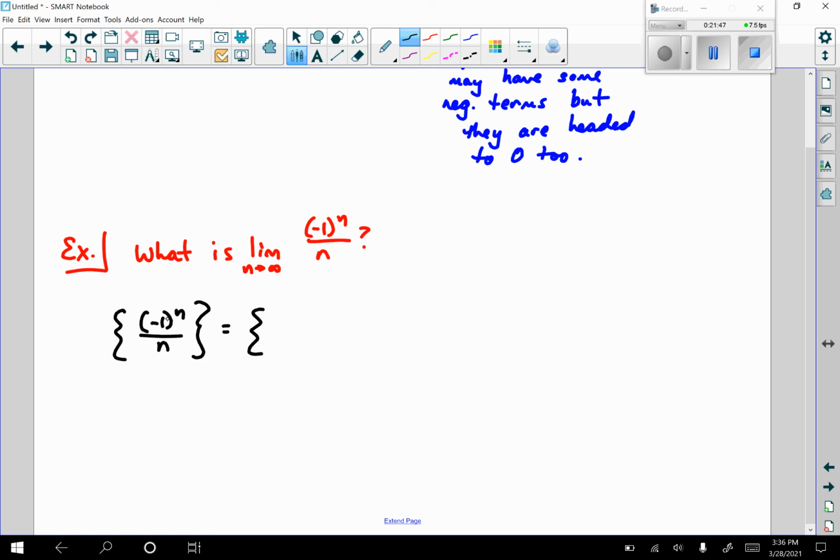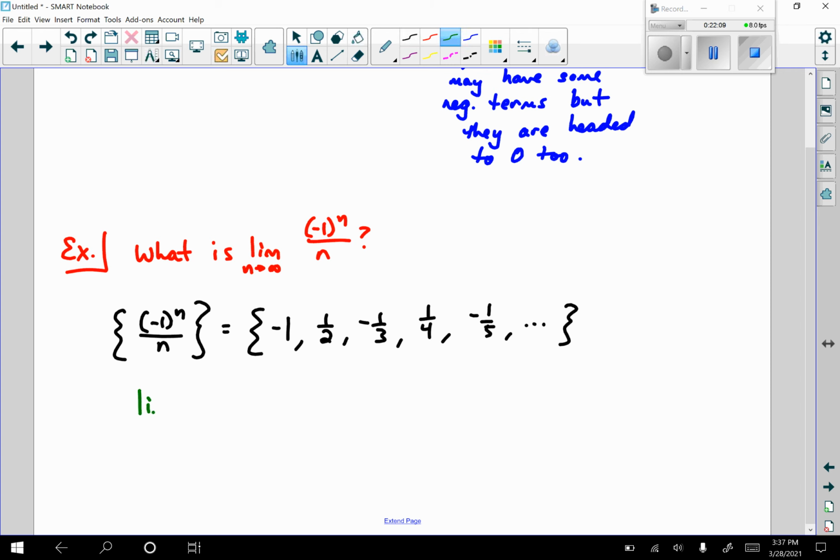All right, so when n is 1, we're going to get a -1. When n is 2, we're going to get a +1 in the numerator, so we'll get a +1/2. When n is 3, we'll get a -1/3. N is 4, we'll get a +1/4. N is 5, we'll get a -1/5, and then so on.